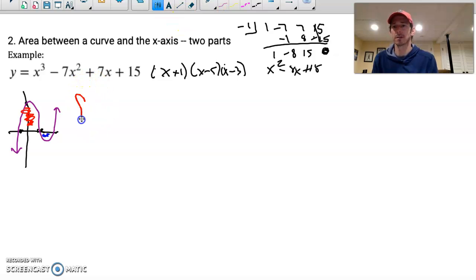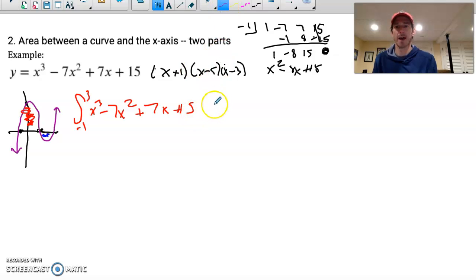I have to integrate the red area, which starts at -1 and ends at 3. And it's going to be the cubic function minus y equals 0. So I don't even need to write that y or minus 0 because it just doesn't matter. So x cubed minus 7x squared plus 7x plus 15.